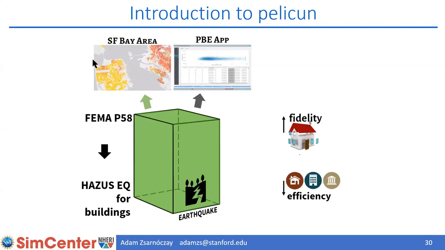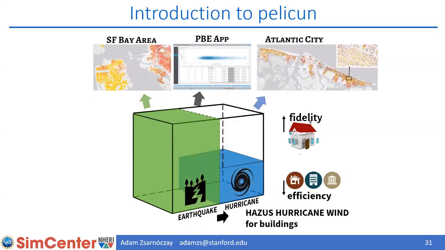And we have a test bed where we demonstrate how this works for the San Francisco Bay Area under an earthquake hazard. Then we expanded to hurricanes. So it's not only limited to earthquakes, but now we are looking at also hurricane hazard. And we have another test bed that demonstrates how that works.